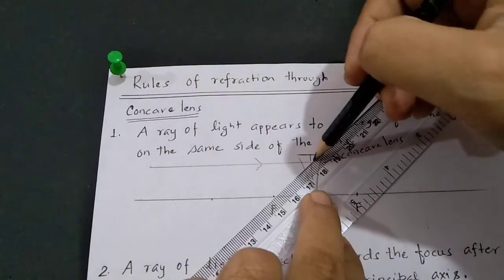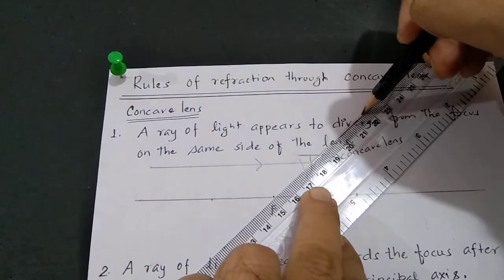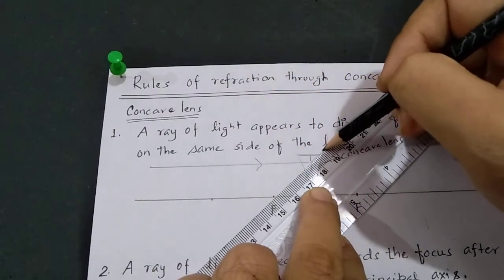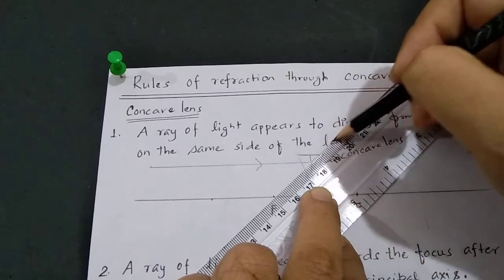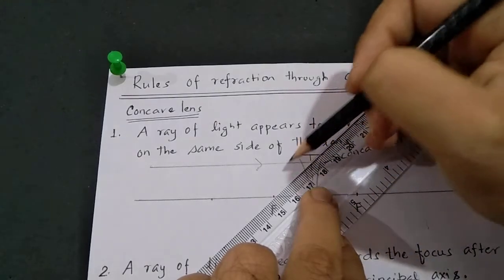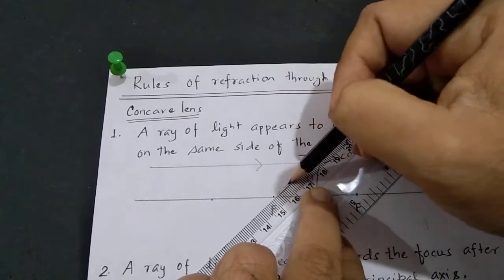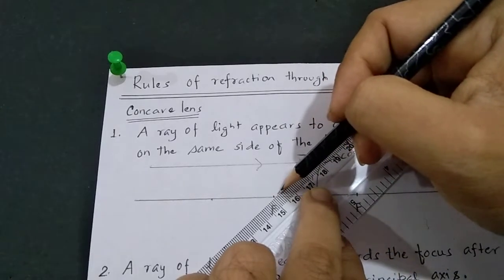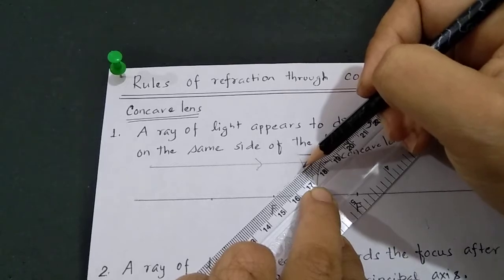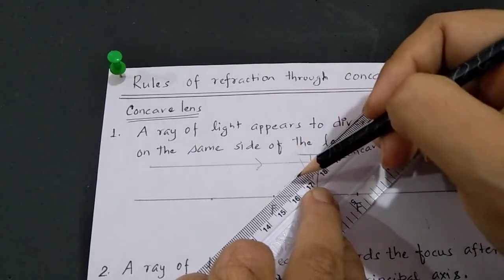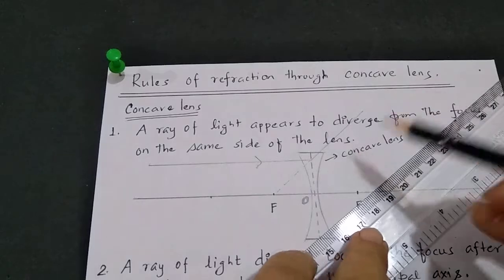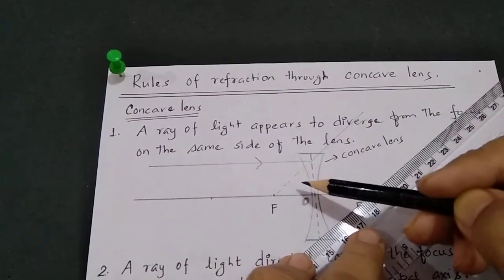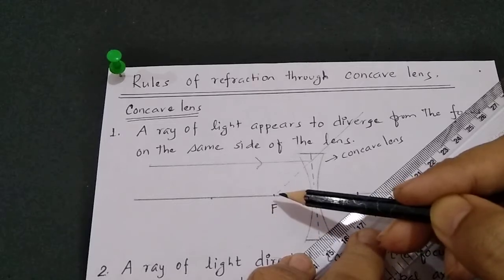The diverged ray of light, this one is the line which we draw, appears to come from the focus. See here, this dotted line is the virtual part, the virtual ray of light. After refraction, this diverged ray of light appears to come from this focus.